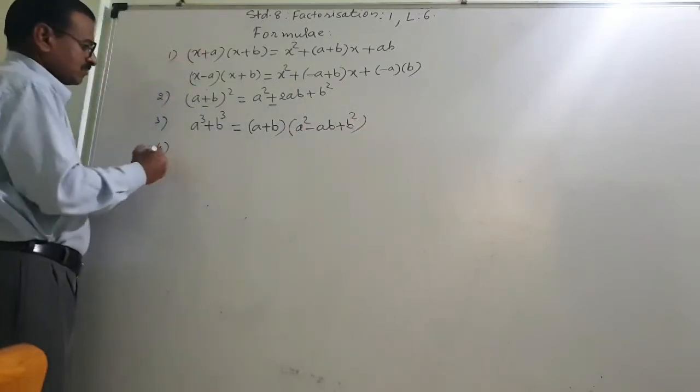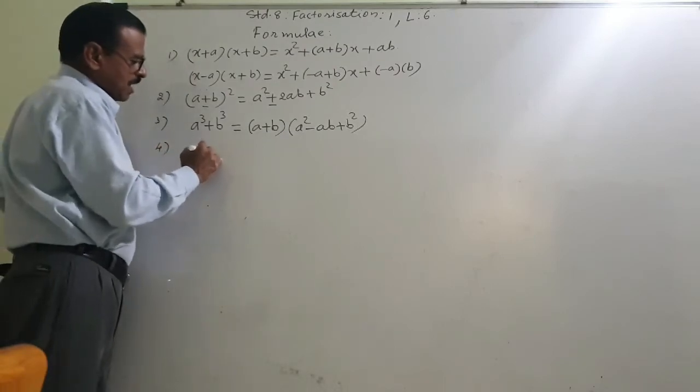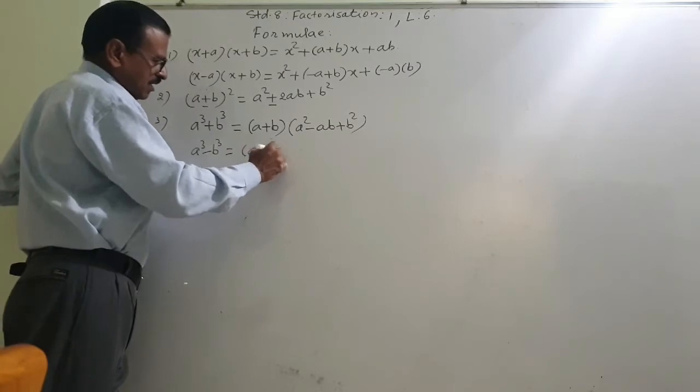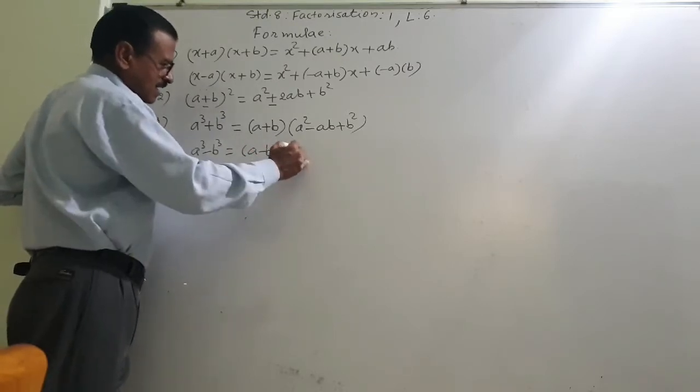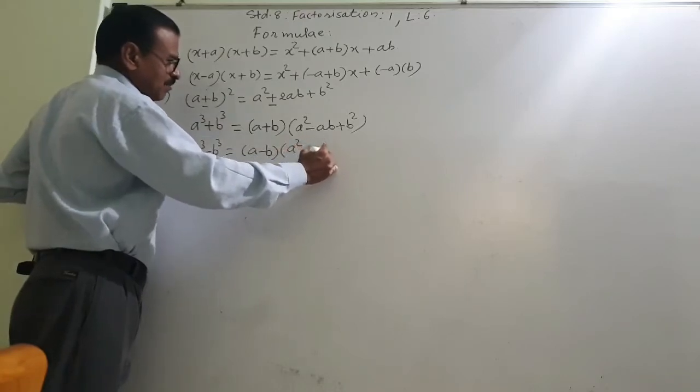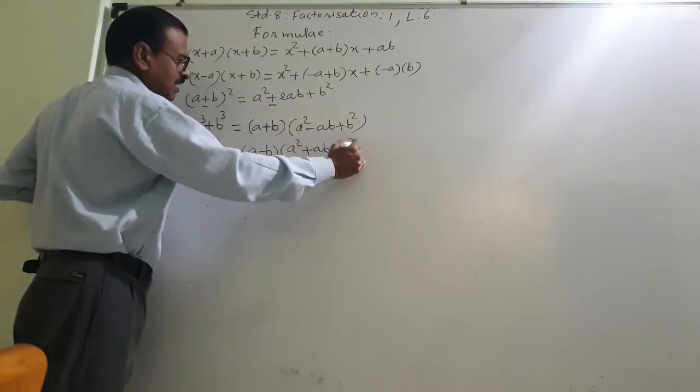The fourth one, a cube minus b cube is equal to (a - b) into another bracket a square, if it is minus here, I will write here plus ab and plus b square.